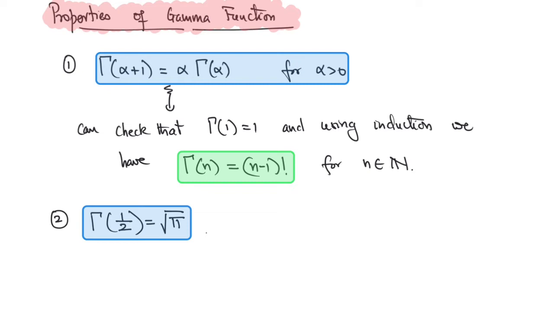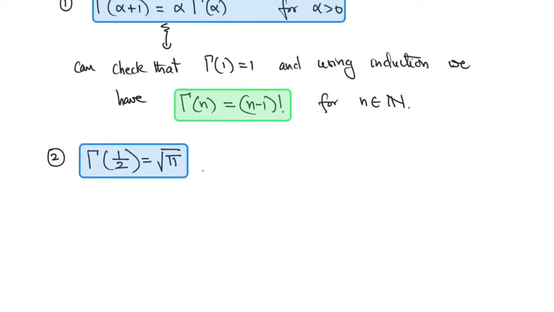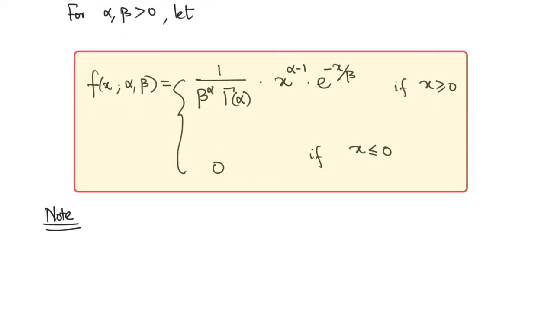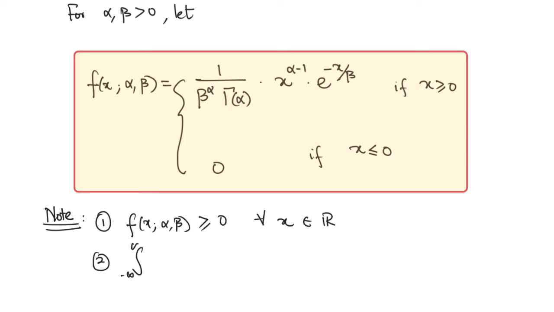For now, for values of alpha, beta greater than 0, we let f(x; alpha, beta) be defined as follows. And we note that f(x) is greater than or equal to 0 for all values of x, right? So all our exponents.